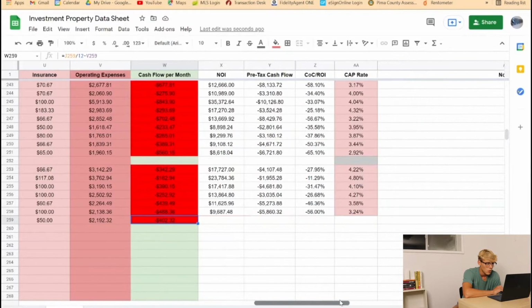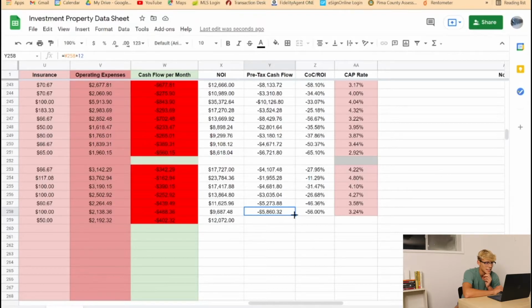So with that being said, we can start looking at some interesting data as far as our NOI, which is our net operating income for the year. Just so you know, the net operating income does not include your mortgage payment, so that's why it's not negative. NOI does not include your mortgage payment. Take note of that.